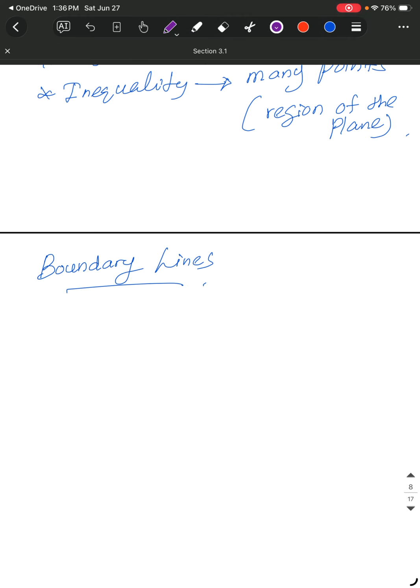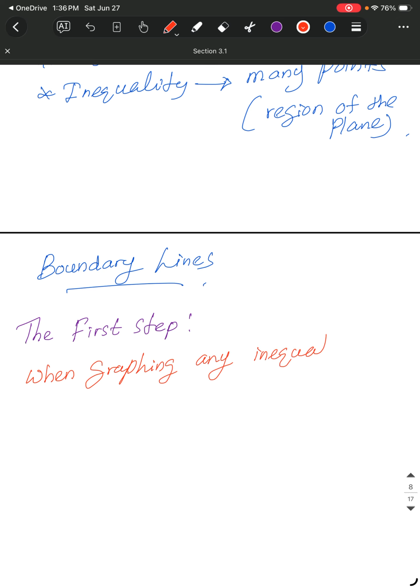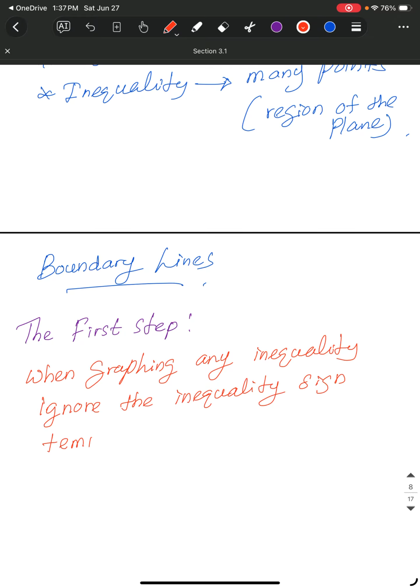The first step when graphing any inequality is to ignore the inequality sign temporarily.